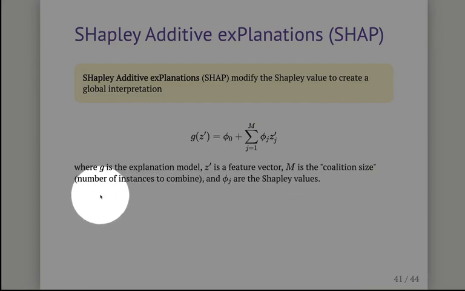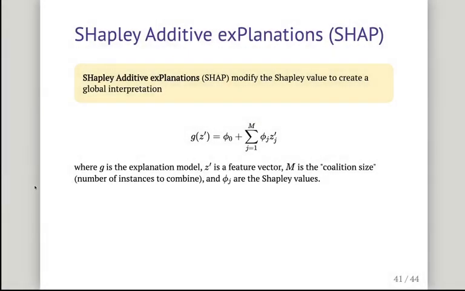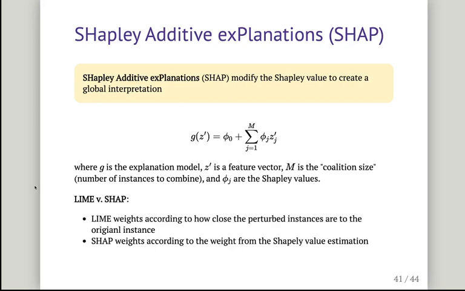We can look at a set of customers that are similar, or we could look at this over the entire data set. These are similar in some ways to those LIME predictions, but they are a little different. LIME weights according to how close these disturbed instances are to the original data point, whereas SHAP weights according to the weight from the Shapley value estimation. So they're similar.